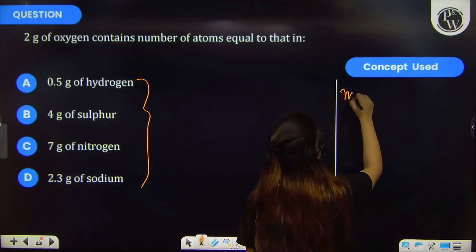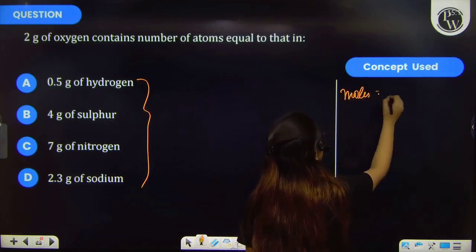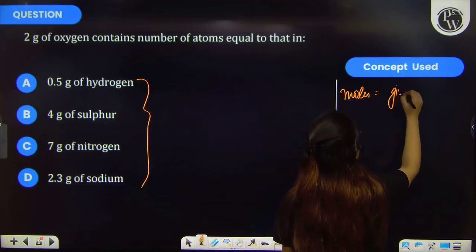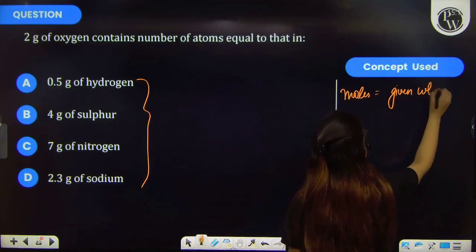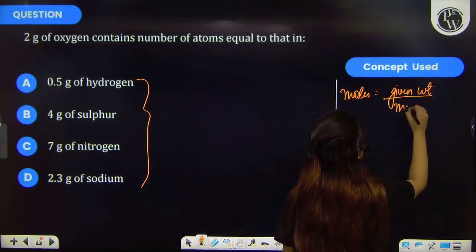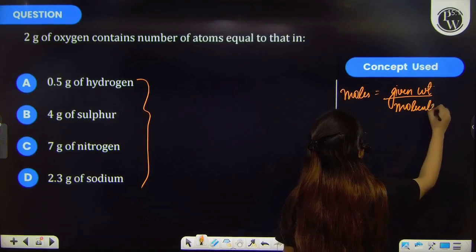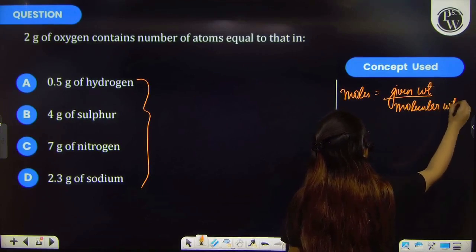Now we know that number of moles is equal to given weight upon molecular weight, right?